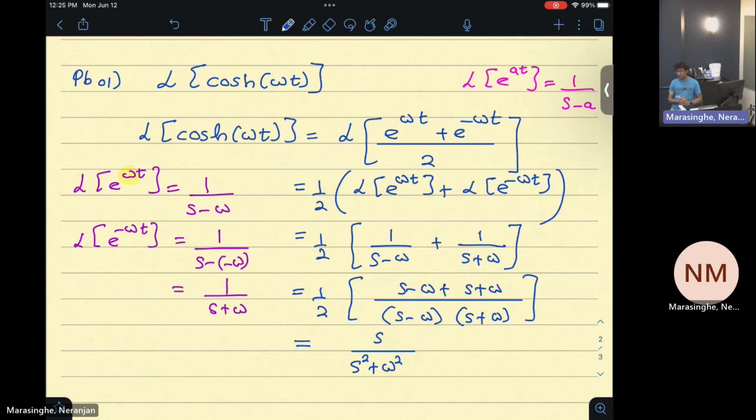Any questions about that? You just need to apply the definition of hyperbolic cosine. I think I computed correctly. Transform of e to the at, and s minus omega, s plus omega.